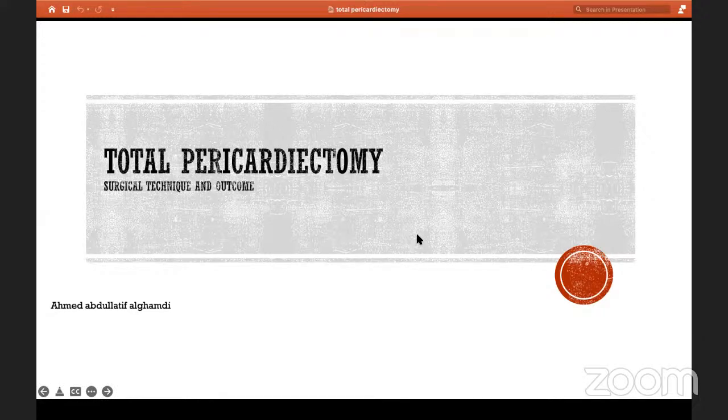Today, inshallah, I'm going to talk about total pericardiectomy, which is also known as decortication of the heart, the surgical techniques and the outcomes.